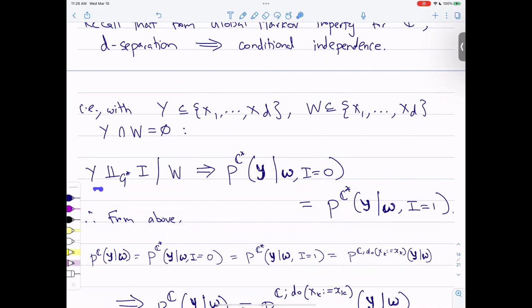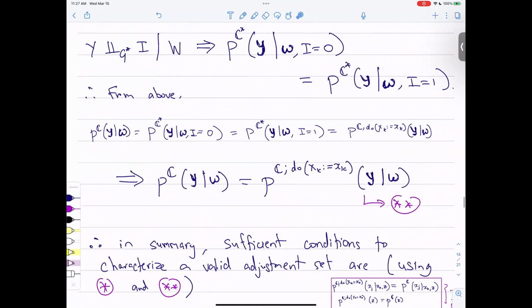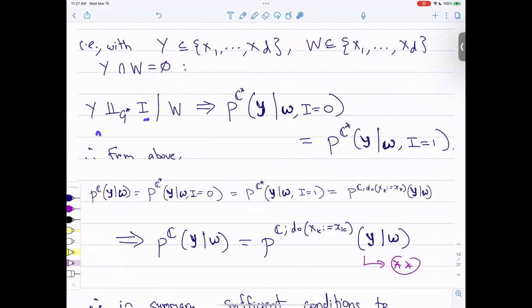Suppose that Y is d-separated from I given W. Which model are we talking about? This model. I'm looking at this graph, reasoning on the C star graph. So this is my I, this node, and maybe this is my Y, and this is what I'm conditioning on, maybe W. Then Y and I are d-separated given W. Suppose I have this property.